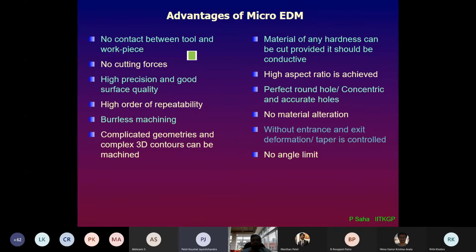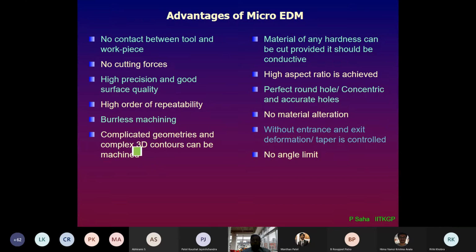So coming to the advantages of micro EDM, the advantages are similar to EDM, but in the micro domain. It is a non-contact process, no cutting force, high precision and much better surface finish, a higher order of repeatability, and burr-less machining, no burrs will be generated.